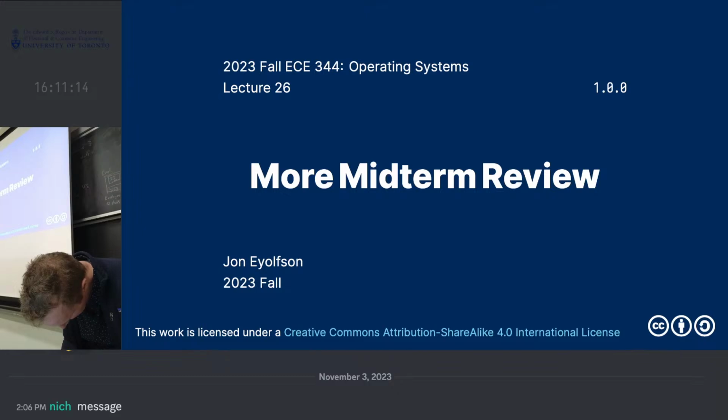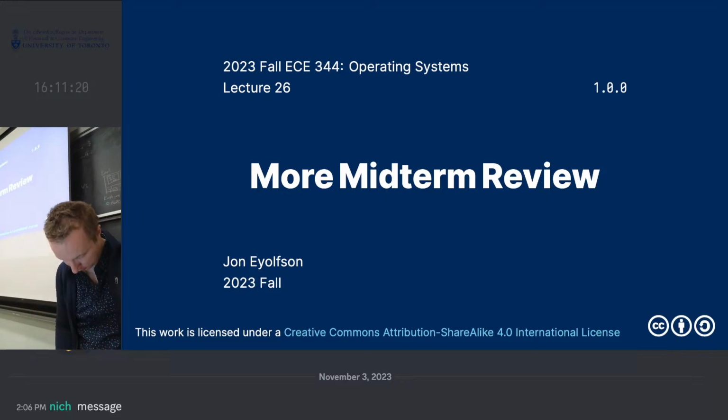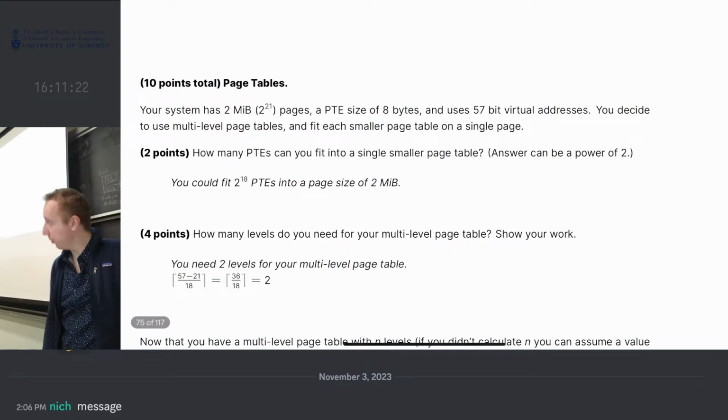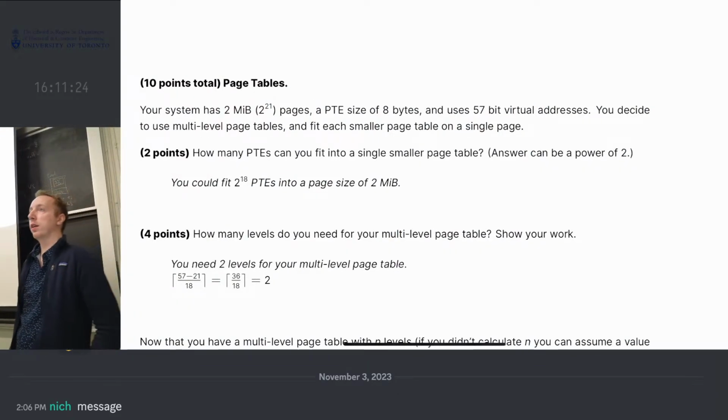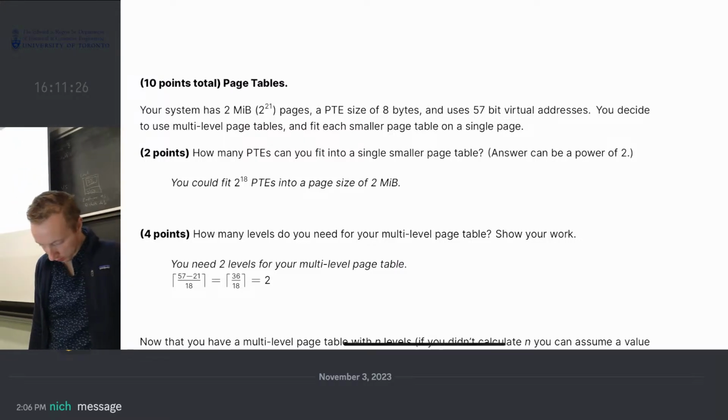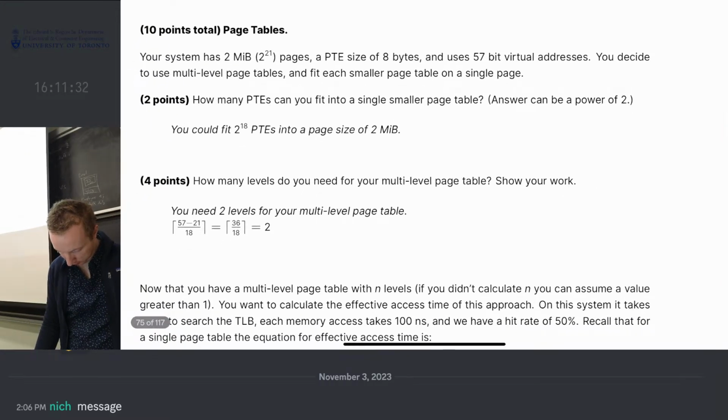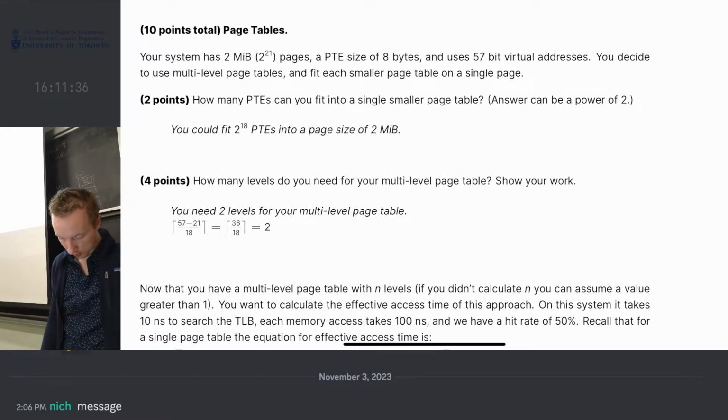Is it this one? I was just wondering where the offset bit came from. For the second question, like the level equation? So it's the virtual address minus the offset, right?